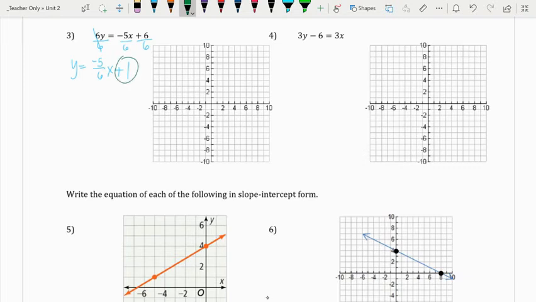So again, we're going to start with our y-intercept, which is 1. And then we are going to move our slope, which is -5/6. So if our slope is -5/6, we would move down because it's negative, but right still because it's positive. So down 5, right 6.